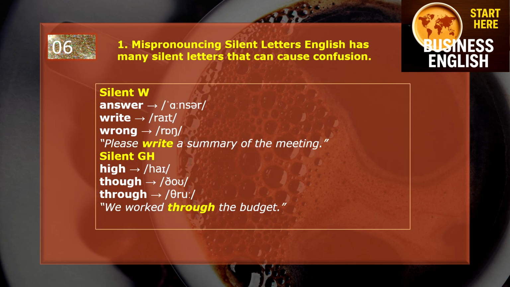Here we have another two letters which are silent. So it's going to be silent W and silent GH. Silent W, answer, right, wrong. Please write a summary of the meeting. And then silent GH, high, though, through. We worked through the budget.